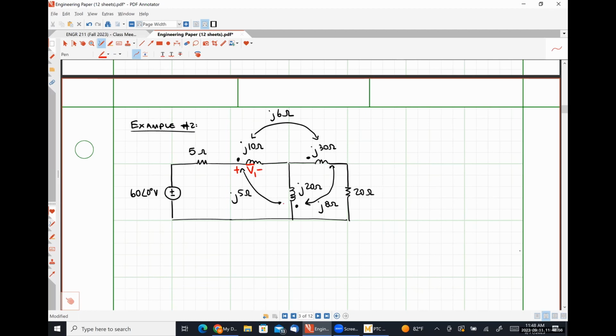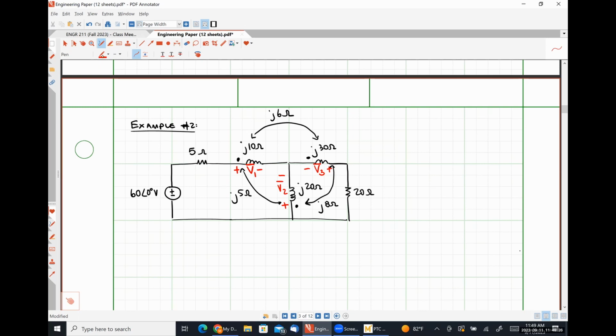You guys are starting to see it. What about coil 3? Okay. On the right.